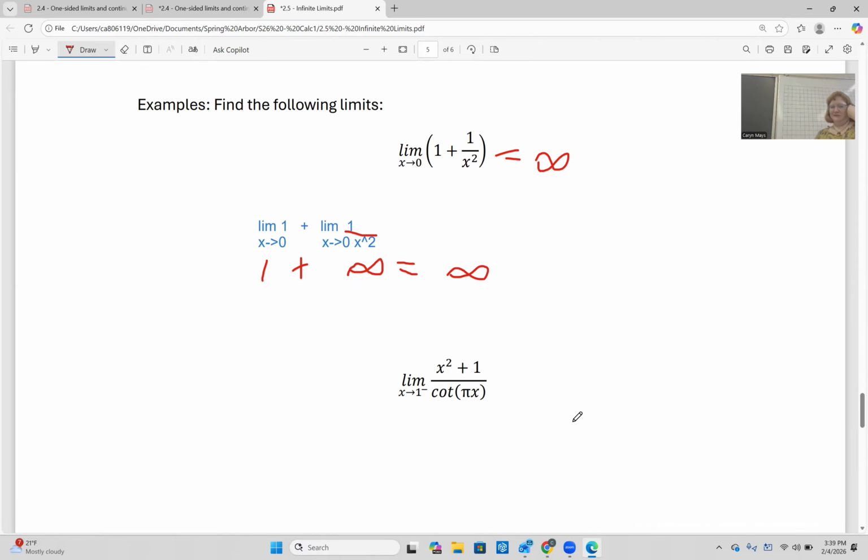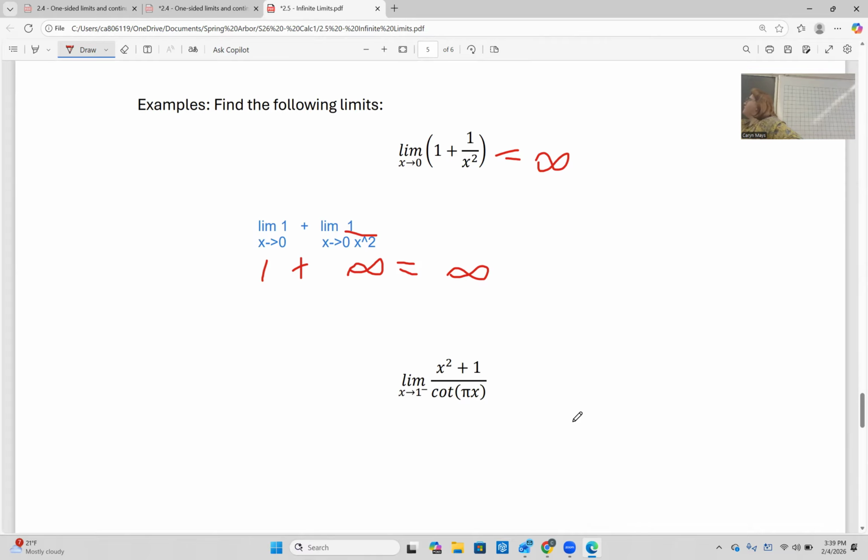All right. Think about some trig. We have the limit as x goes to 1 from the negative side of x squared plus 1 over cotangent of pi x. I can take the limit of the numerator and denominator generally to figure out what this is going to be.